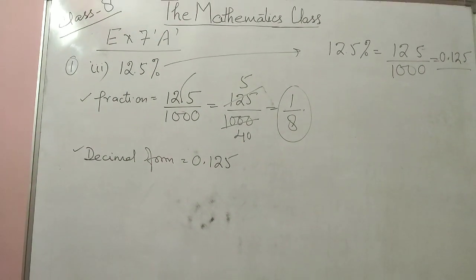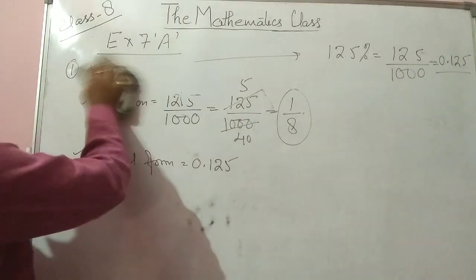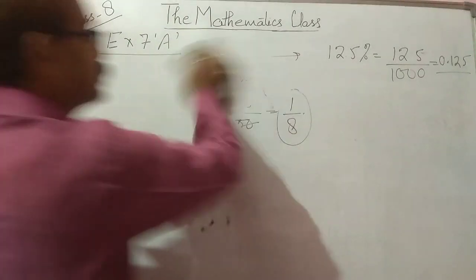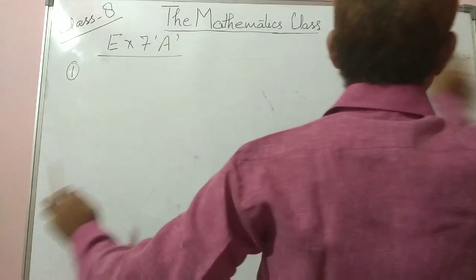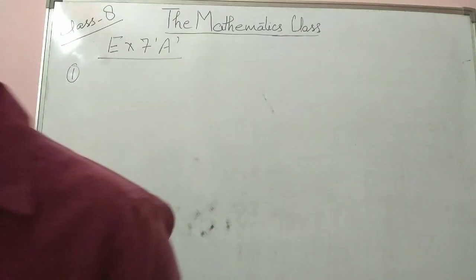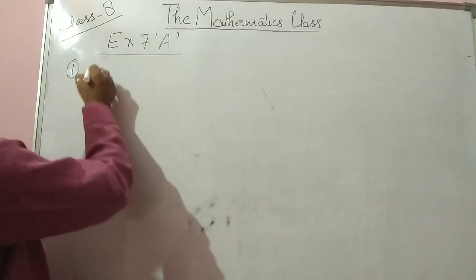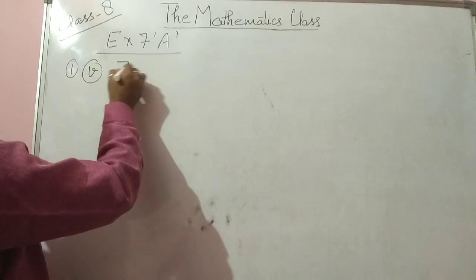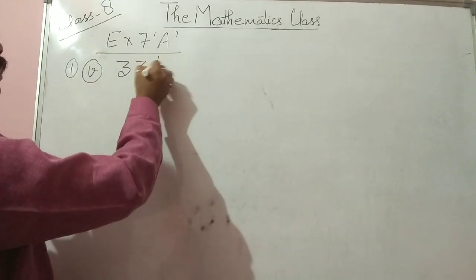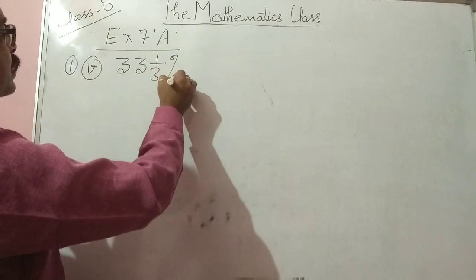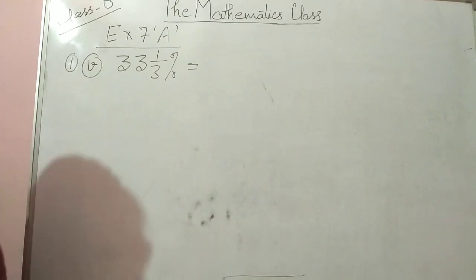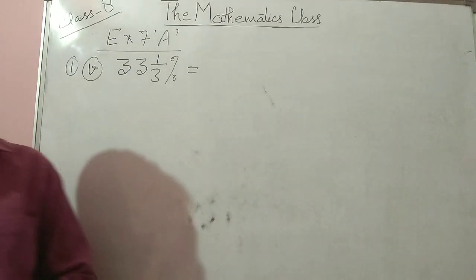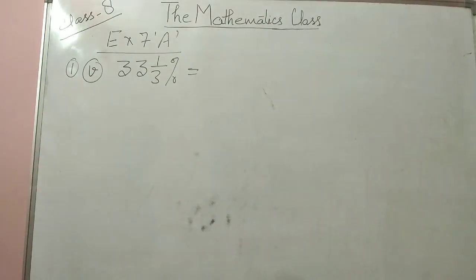Let's take one more question. I am taking the fifth part, that is 33 whole 1 upon 3%. Since this is in a mixed fraction form, first we will convert it into a fraction form.